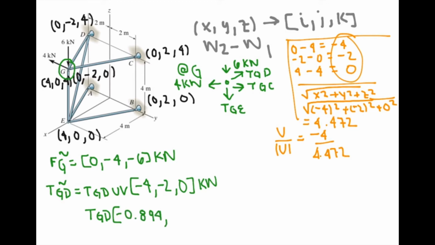Now we'll do minus 2 over 4.472, which is going to equal negative 0.447, and then finally just 0 kilonewtons. This is actually going to be our second equation, and we'll go back to the F of G, which would be our first equation. Now we are going to move on to TGC.